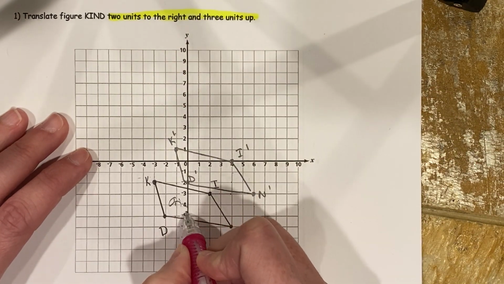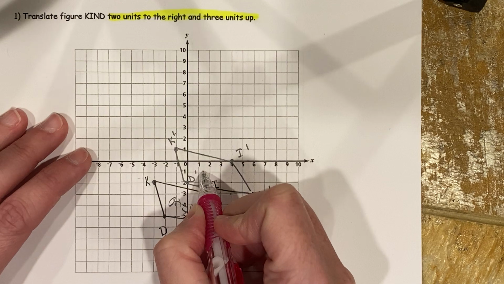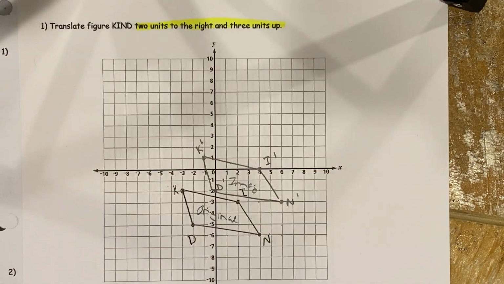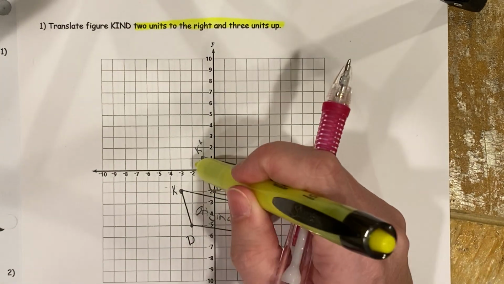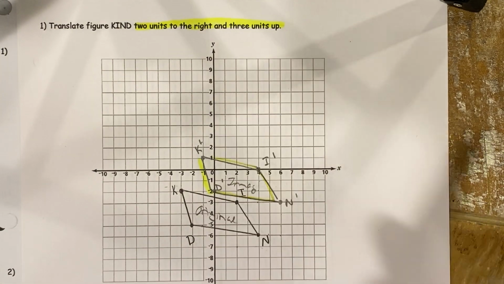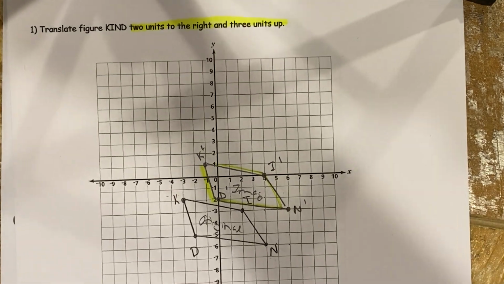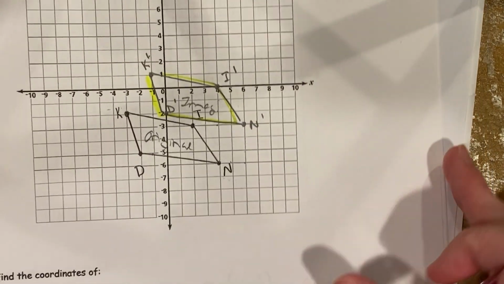This is your original with no primes, and this is your image with the primes. This is the new one, and this is the one they would like the coordinates for.